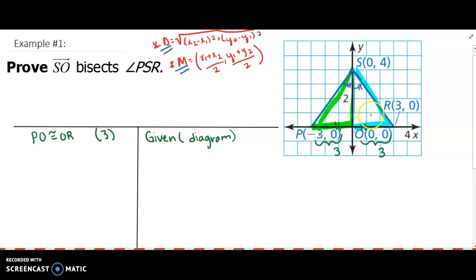Okay, well now, if you look at this, they share this middle thing, and we can just count 1, 2, 3, 4. So I could say that SO is congruent to SO, which is 4, by the reflexive property.